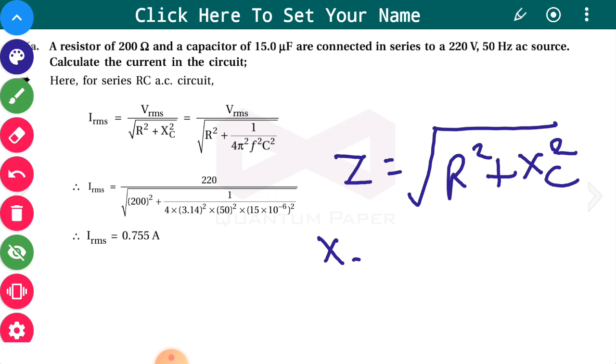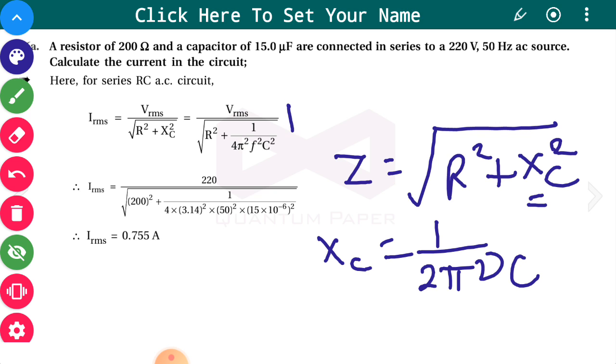Now XC, as you know, is 1 upon 2 pi nu into C. If you substitute that value here, you get R square plus 1 upon 4 pi square F square C square. That is the impedance.